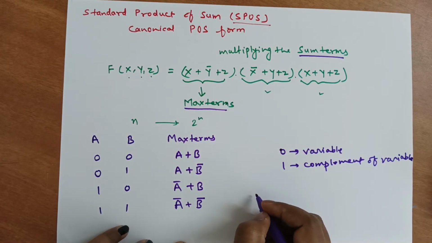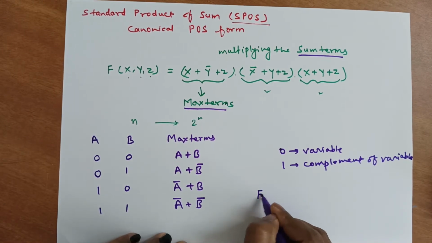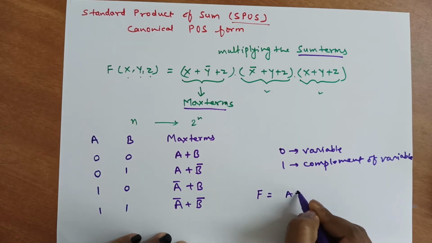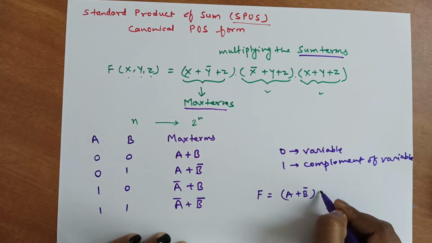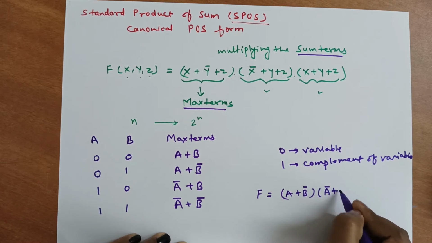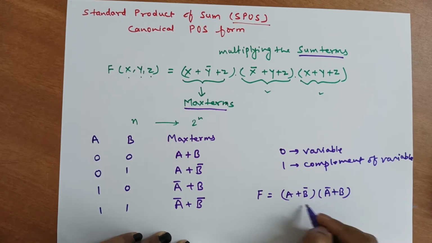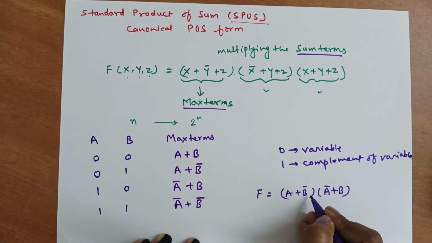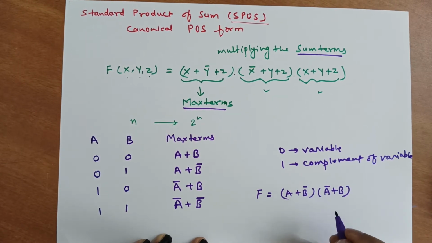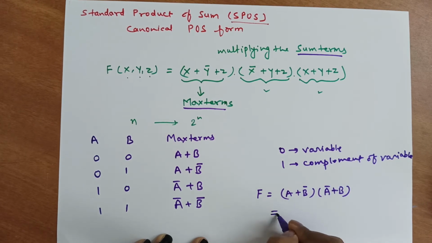Suppose we have a function given as f equals a plus b bar and a bar plus b, the multiplication of these two sum terms. So this is in SPOS form, and this can also be written as a product, represented by pi, of max terms.